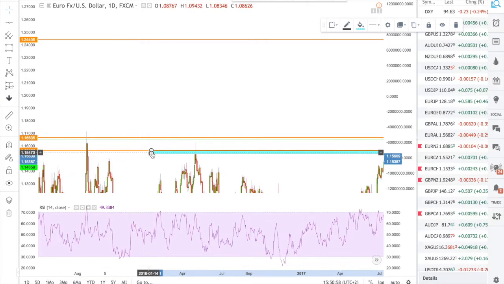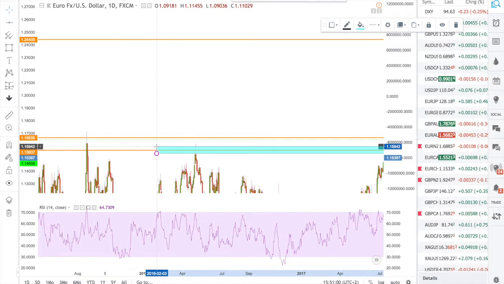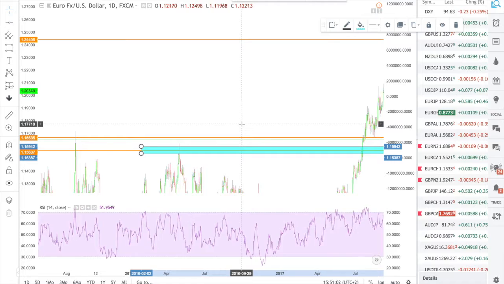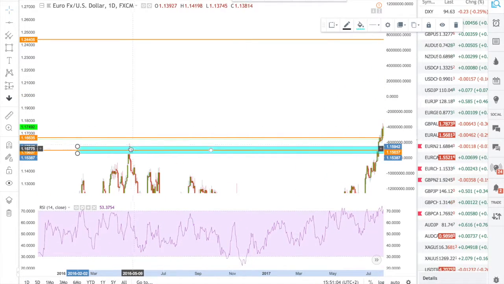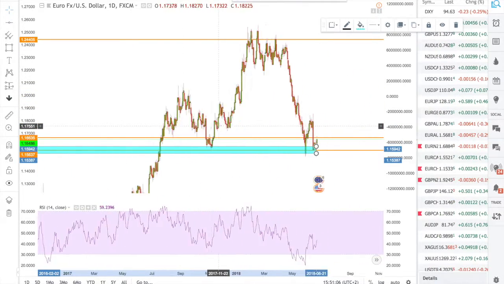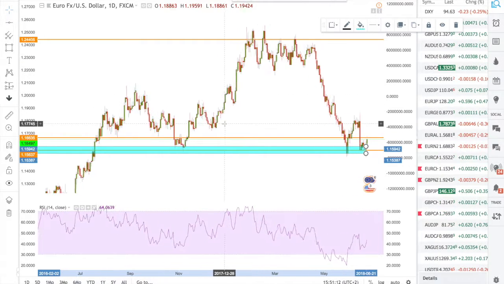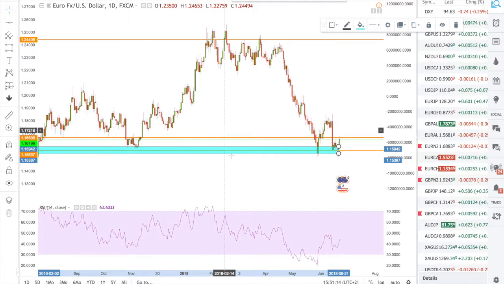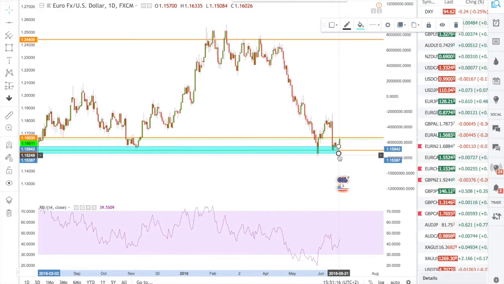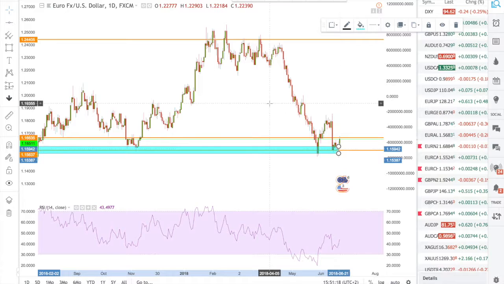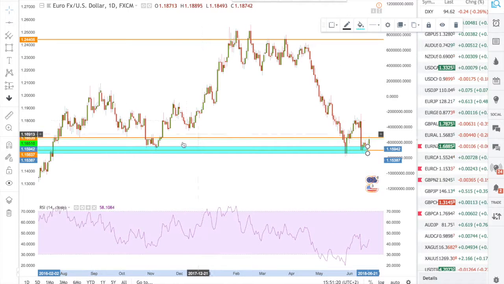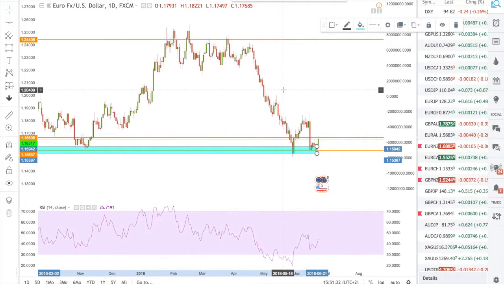I always draw zones with the indication of the wicks. People use zones and support and resistance lines to mark their points of entry or to see where to take profit.